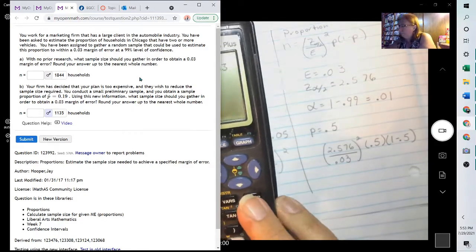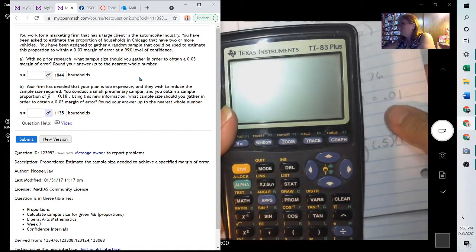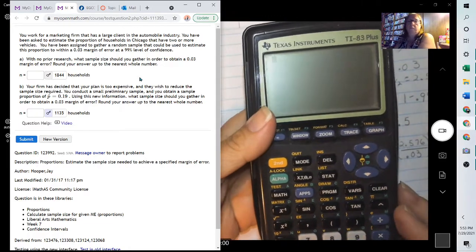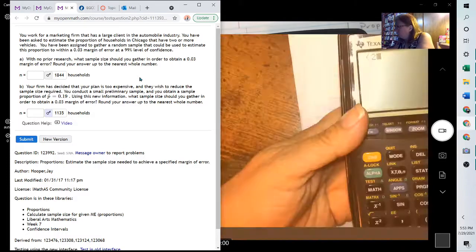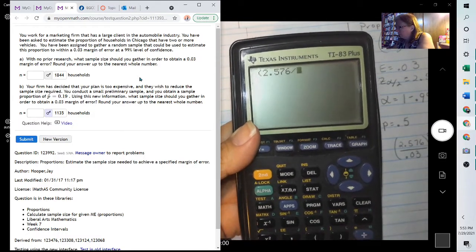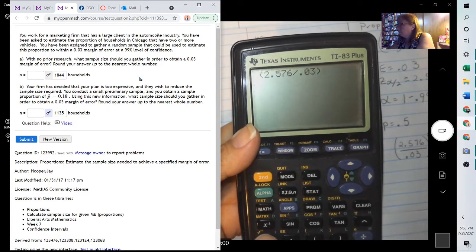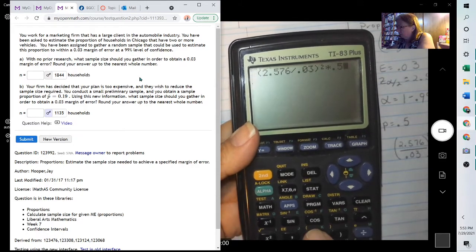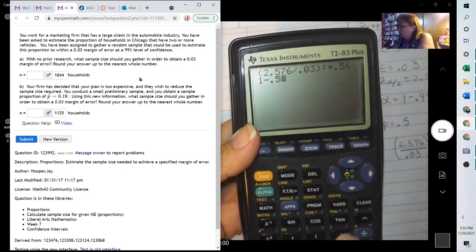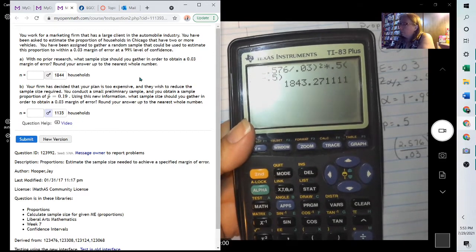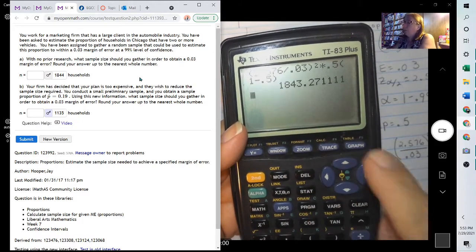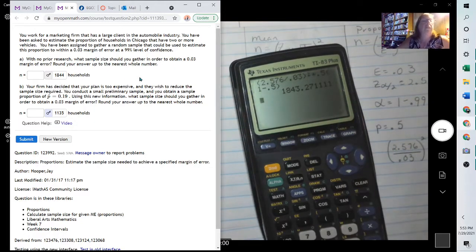Plug that in. 2.576 divided by 0.03, squared, times 0.5 times 1 minus 0.5, and hit enter. So 1,843 point something, round up to 1,844. And that's what they have here, 1,844. So that would be the most if you didn't have a proportion, a p-value.